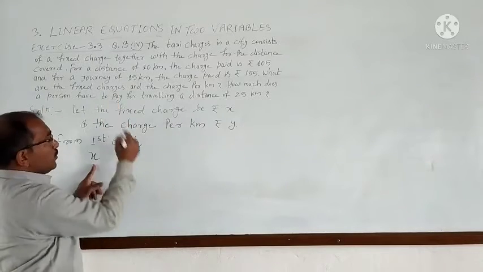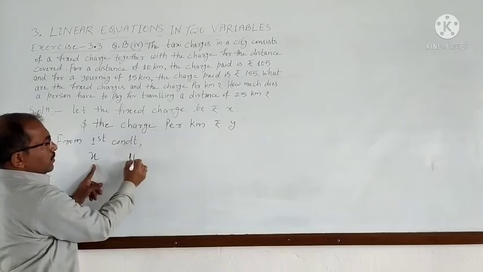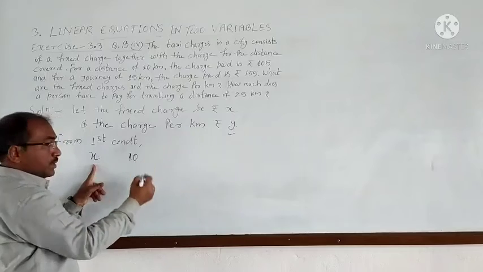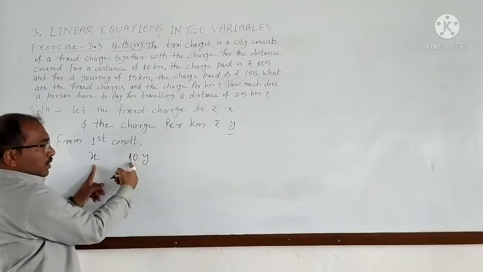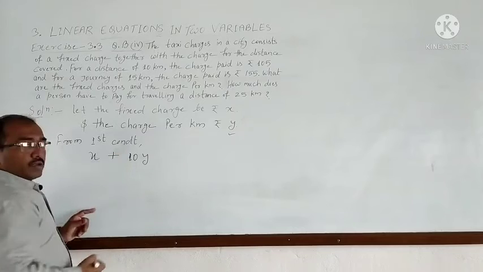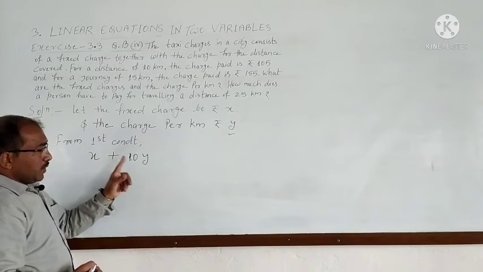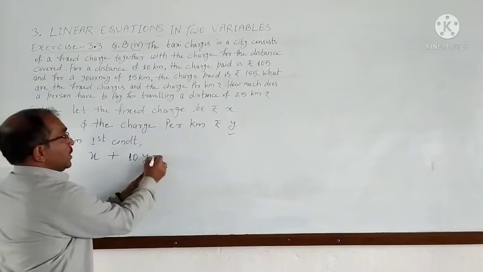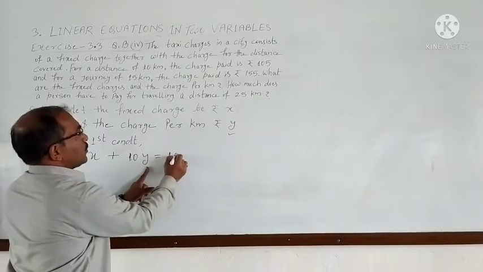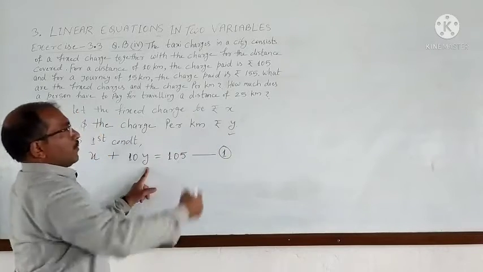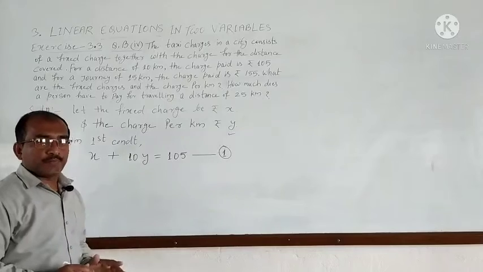Then he went 10 kilometers, and the per kilometer charge is Y rupees, so he gives 10 into Y. Together, that means the fixed charge plus 10 times Y, and he paid 105 rupees. So how easy it is to convert the situation into an equation once we think practically.